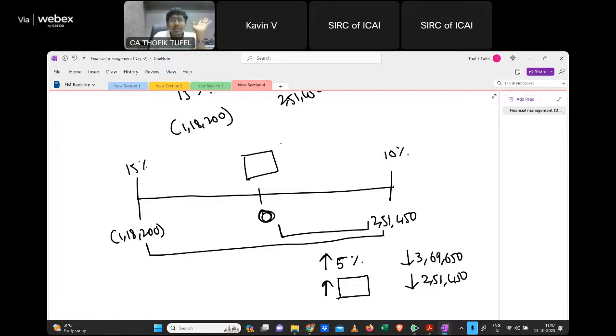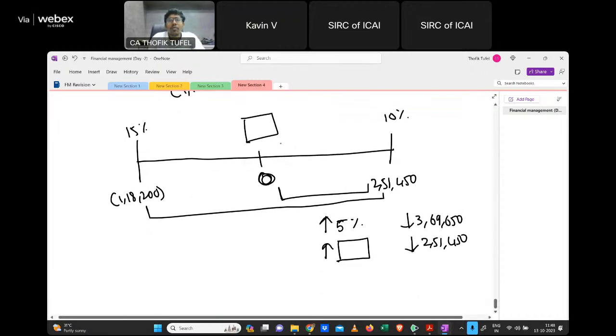So by a 5% increase in rate, my reduction is 3,69,650. By what increase in rate should my NPV reduce by 2,51,450? We want to find this out.